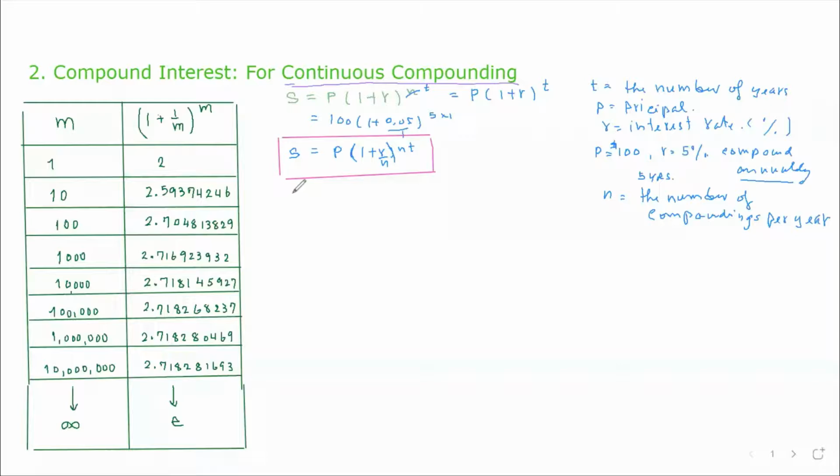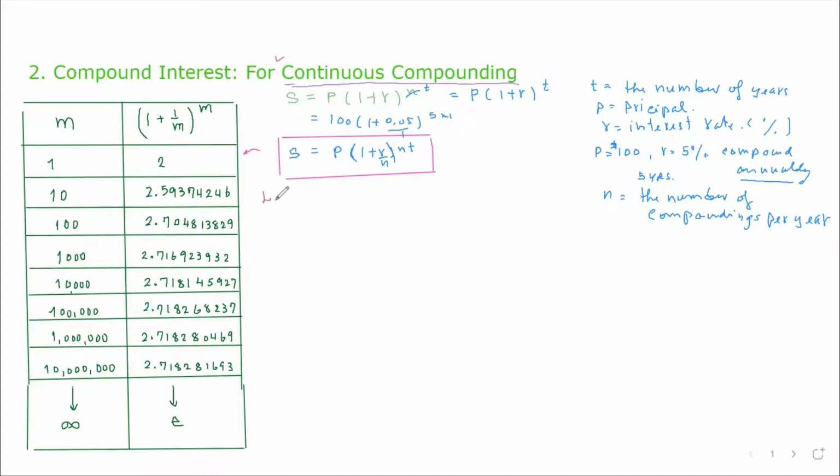If we let the number of compoundings per year, n, increase without bound, just keep increasing, like you see in this table, then we call this continuous compounding. So we want to get this formula.